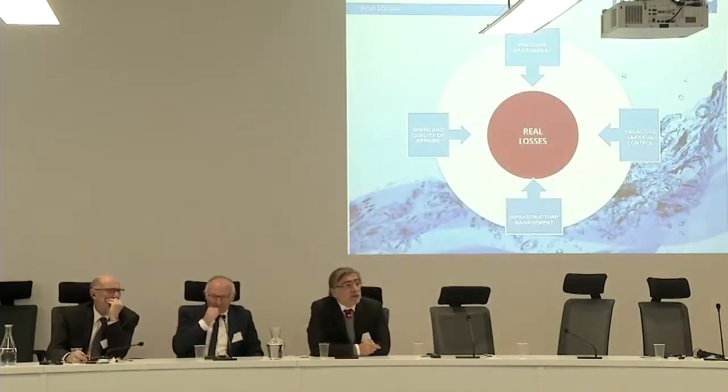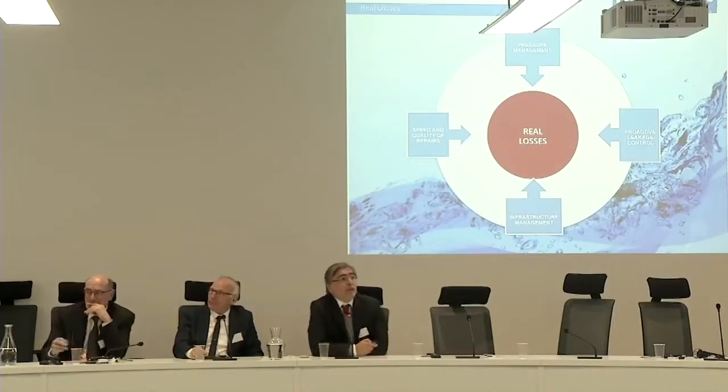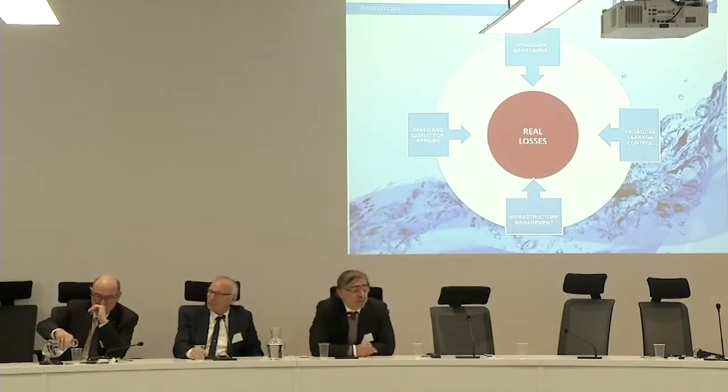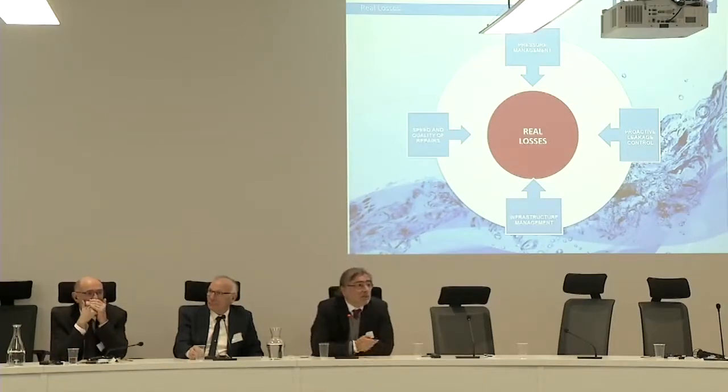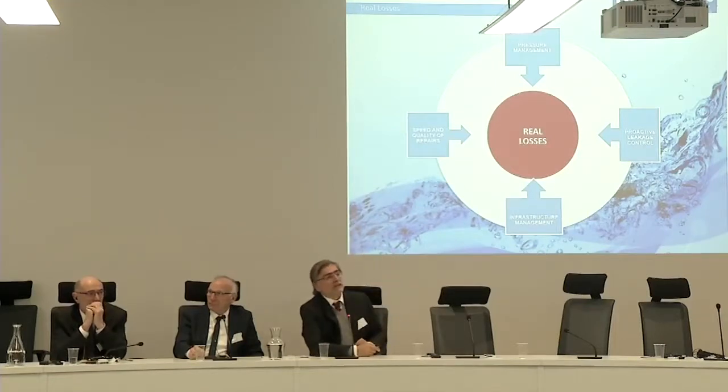The components of real losses, the first one is pressure management. In the networks, we must have a lot of pressure. The maximum in Portugal is 6 bar in the network, and you have to have a pressure sufficient for the people. So if you have buildings with five floors, you have to give 3 bar.